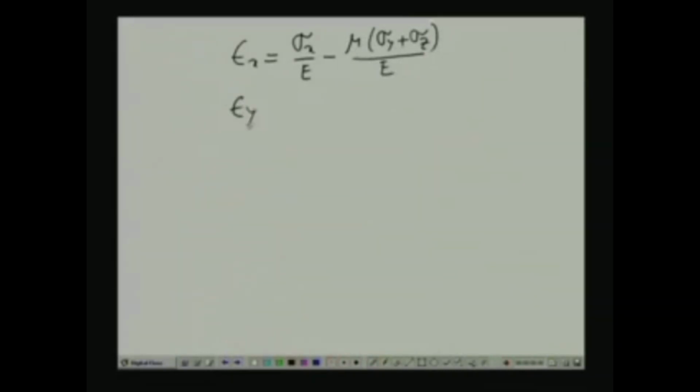Likewise, epsilon y is equal to sigma y by E minus mu times (sigma x plus sigma z) by E. This we have seen while discussing the generalized Hooke's law.